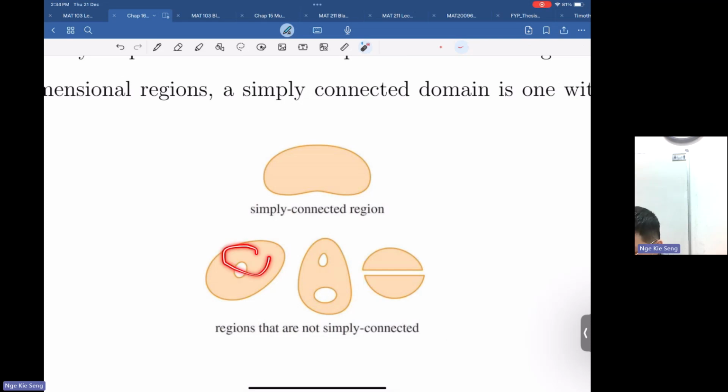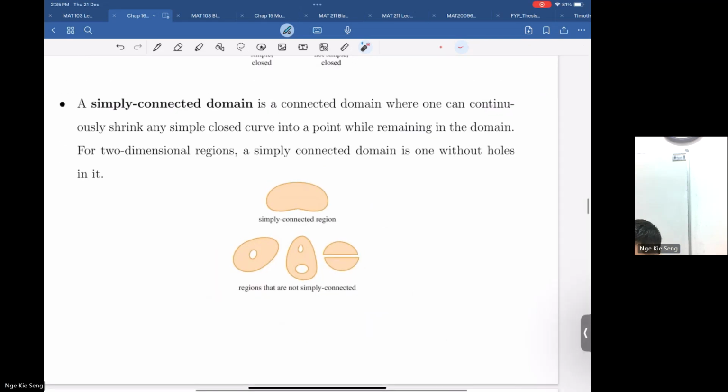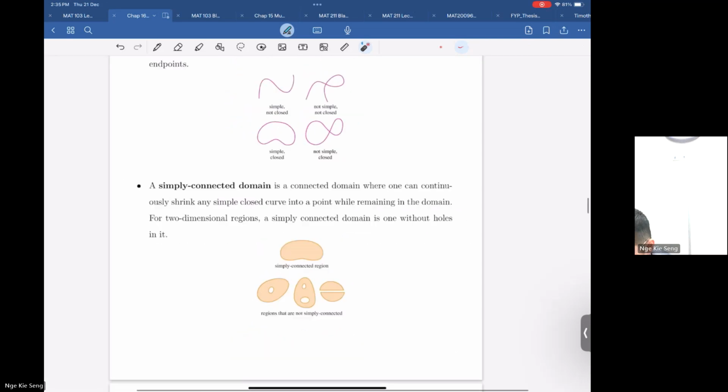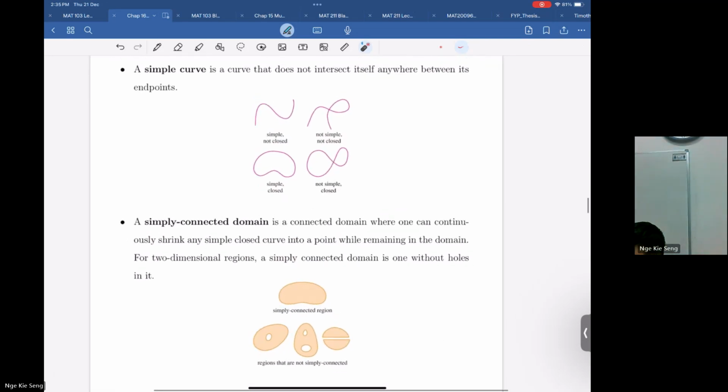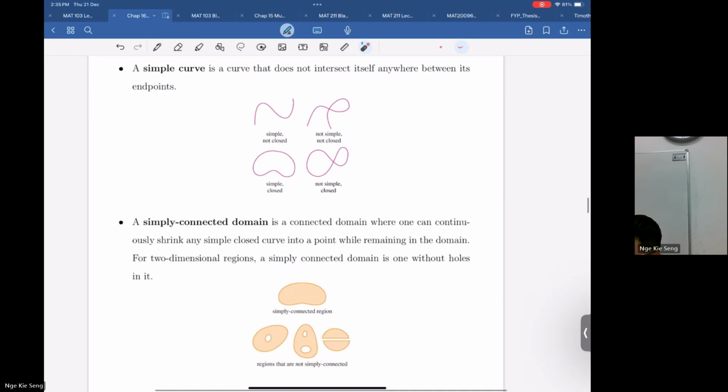Okay. How about the ones they say are not simply connected, right? So the first one, why is this not simply connected? Is it connected or not? Connected, right? If I pick any two points, I can join with a path. Why is it not simply connected? Where is the simple curve that I cannot shrink down to a point?